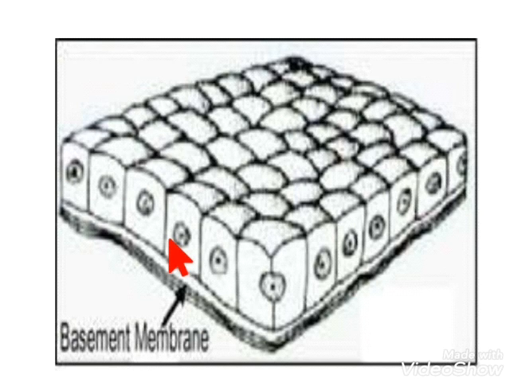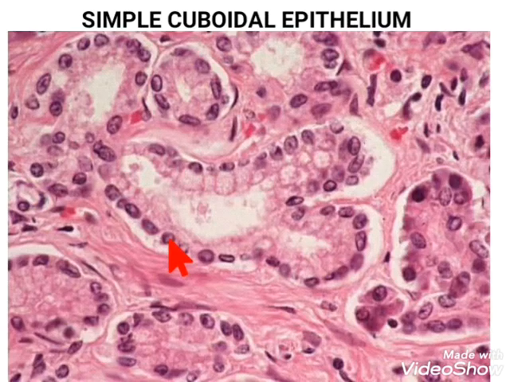Nuclei of cuboidal cells are rounded and placed centrally in the cells, as the width of the cell is equal. Their nuclei are equally placed in a single row.